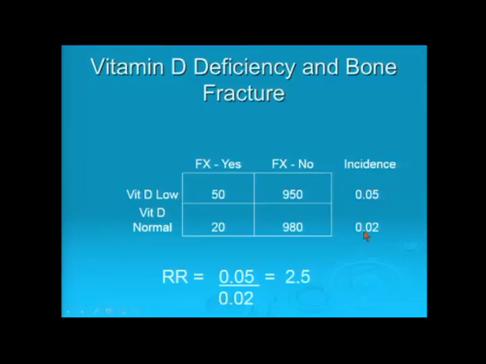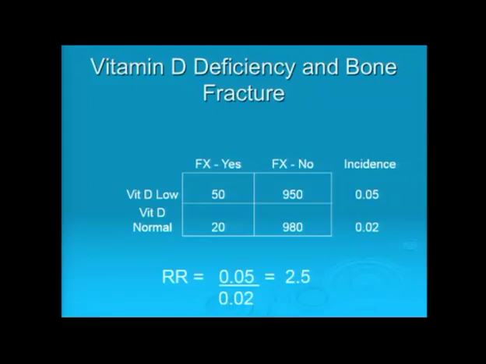I've calculated an incidence rate, and the relative risk is the incidence in the exposed divided by the incidence in the unexposed, which gives me a relative risk of 2.5. So the conclusion would be that women who have a vitamin D deficiency have 2.5 times the risk of a fracture as women who have normal vitamin D.